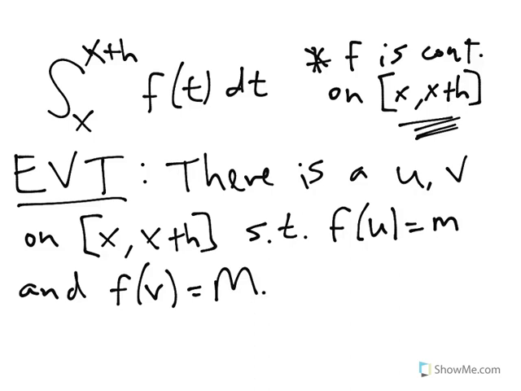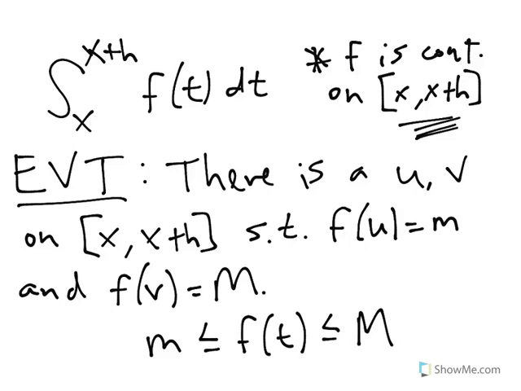So really what this means is that little letter m is less than or equal to f of t, which is less than or equal to capital letter M, for every single value of t on that interval. In other words, there's a lower bound and an upper bound on the function value, because the extreme value theorem says you have a maximum and a minimum when you have a function that's continuous on a closed interval. Okay, so we've used that result.